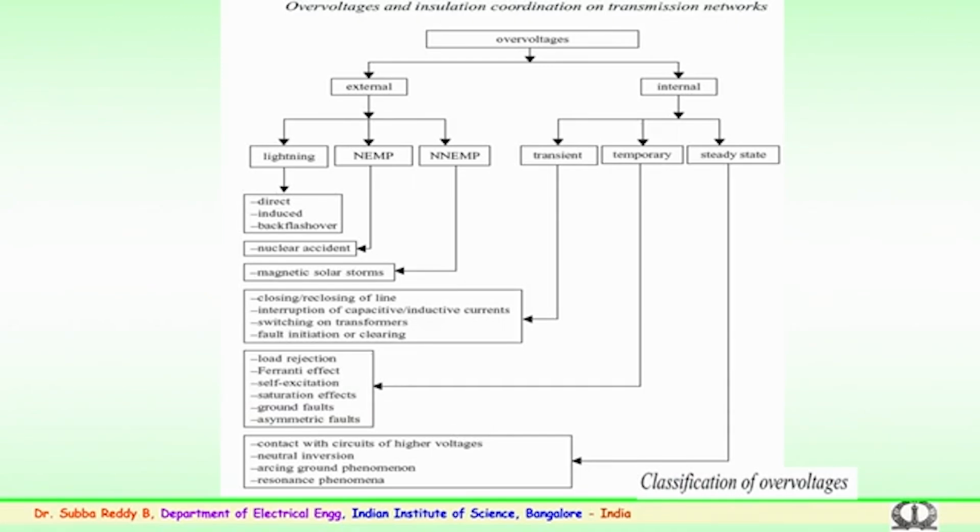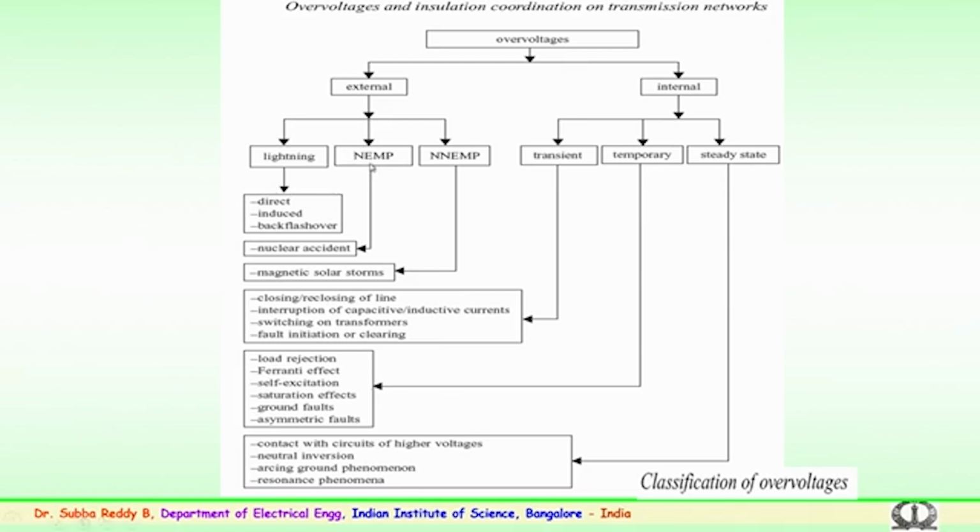So, this table shows the various over voltages we discussed, which may occur because of external or internal applications or internal service conditions. The external is because of the lightning, as we were mentioning. Natural lightning will create a direct, induced or back flashover. These will create various types of impulses and over voltages on the transmission network.